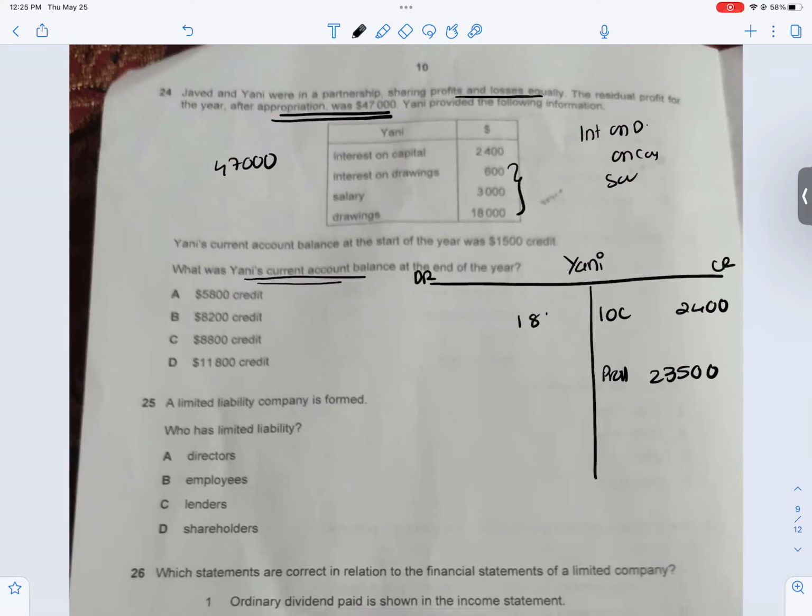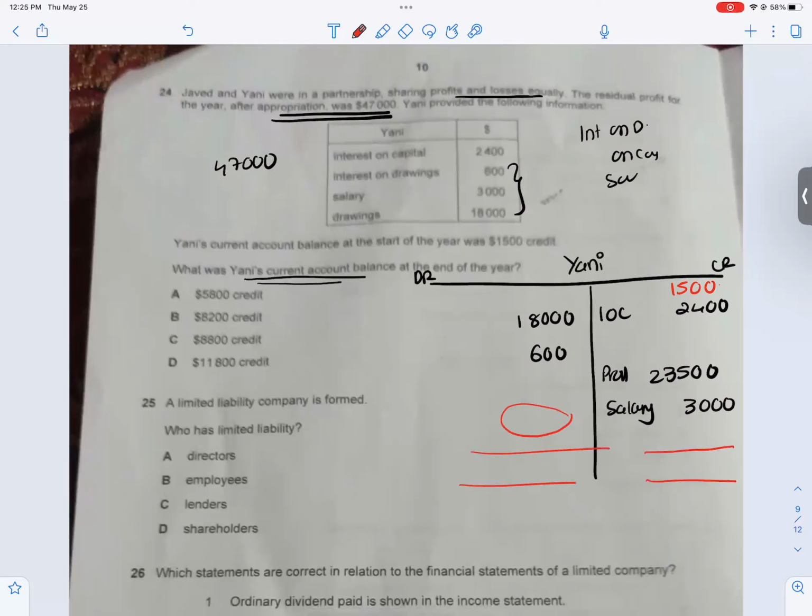Interest on drawings is 600 and salary is 3,000. Yani's current account balance at the start of the year was 1,500 credit. I want her closing balance.